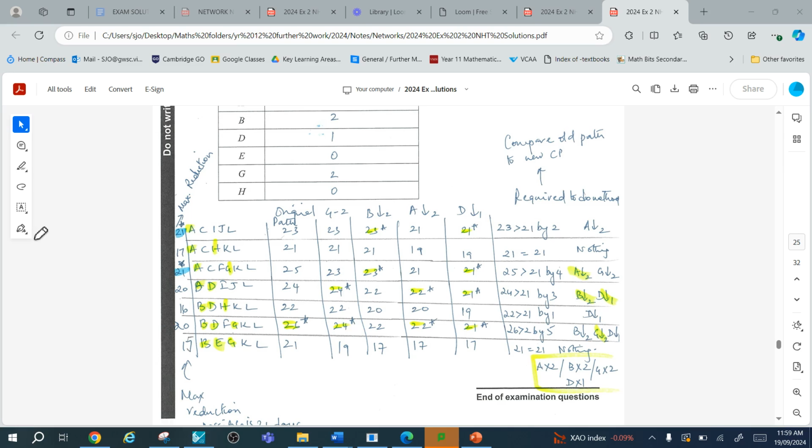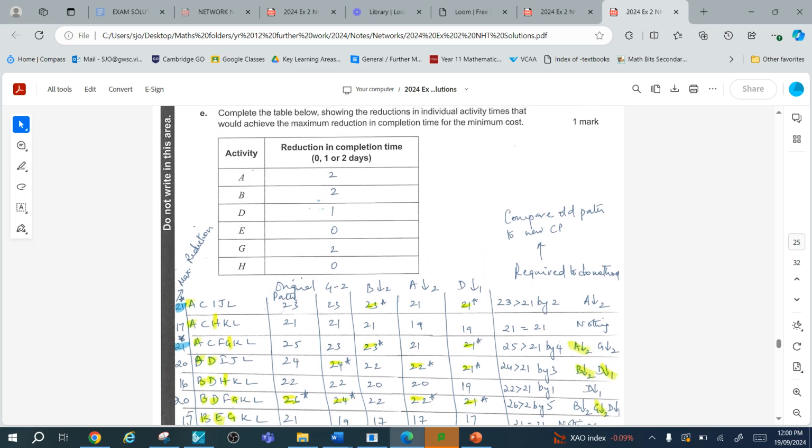The last one, 21, is equal to 21, and we do nothing. So if we combine all these different crashings together, A crashes by 2, B crashes by 2, G crashes by 2, and D crashes by 1. And those are the values that we have recorded here.